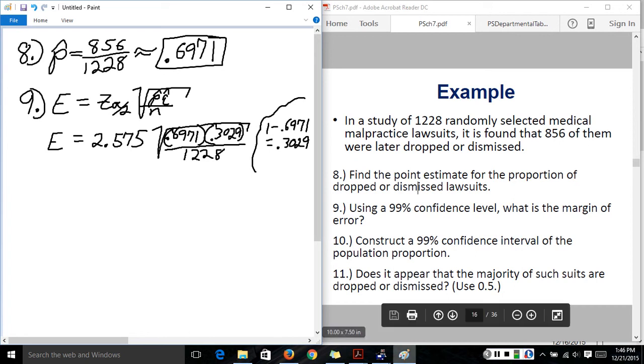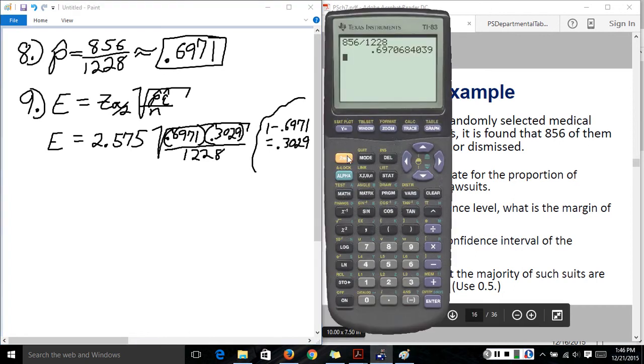Well, as long as I'm mindful of the parentheses, I can put this in the calculator on one line, 2.575 times the square root of. Now, you'll notice that if you have a TI-83 or a similar calculator, you get an open parenthesis after you open the square root button. So within that parentheses, I'm going to open another parentheses, 0.6971. Close that parentheses, open another, 0.3029.